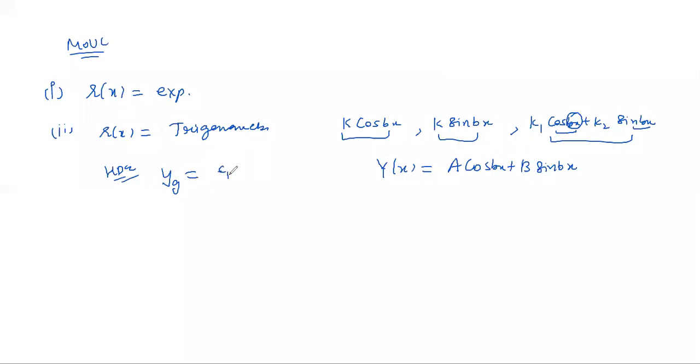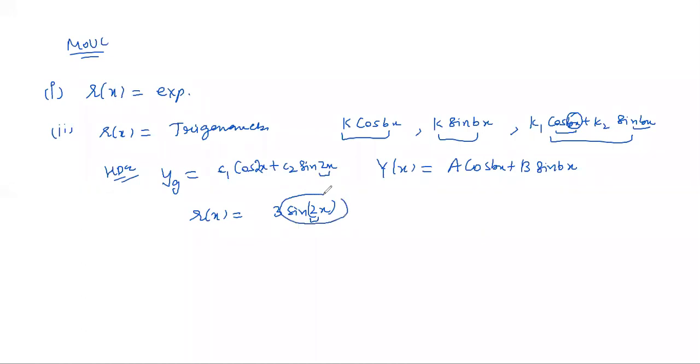If the homogeneous solution is like c1 cos 2x plus c2 sine 2x, and suppose Rx is of the type 3 sine 2x, then you can see the multiplicity of x in the angle, this is 2 and this is 2.